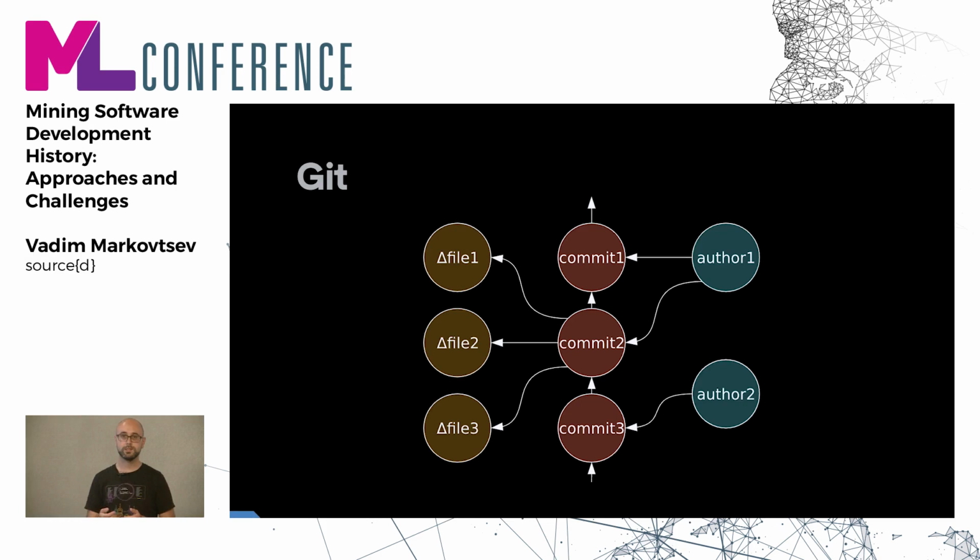Also, it has metadata, such as author or committer, or the date when the commit was created. And also, the commit is actually a snapshot in Git, so it contains the full state of the repository at that point. But you can compare it to the parent and get the delta of the files which were changed in that commit. So this is a directed acyclic graph, a graph.